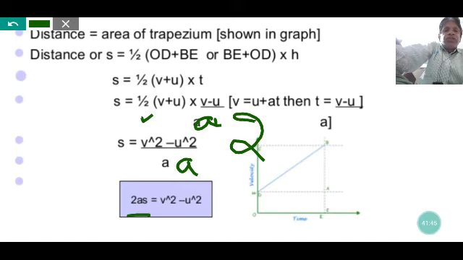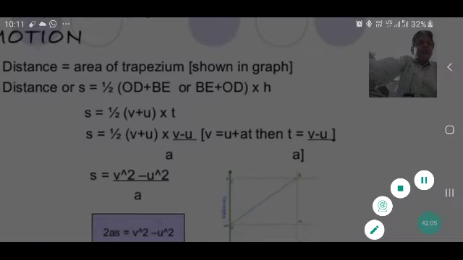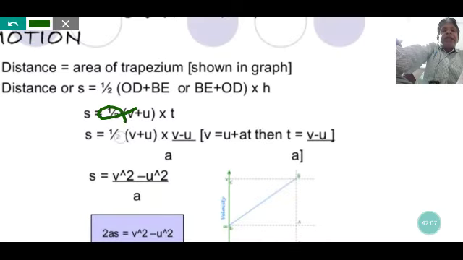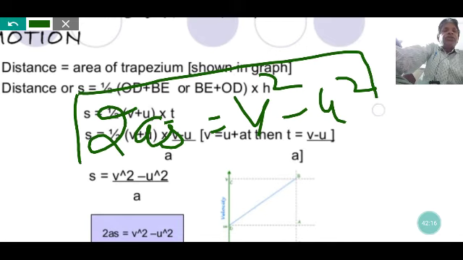If you transpose twice a, we get twice as is equal to v square minus u square. That is the third equation of motion.